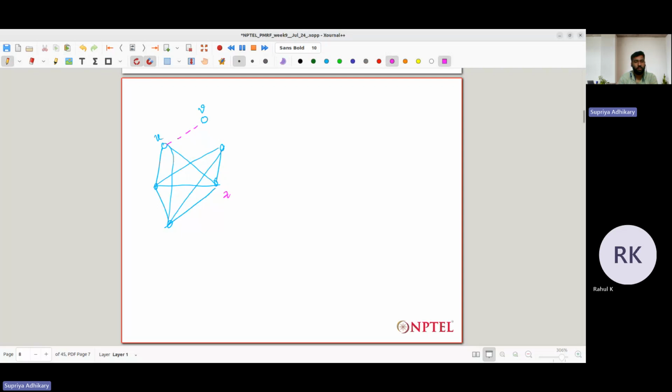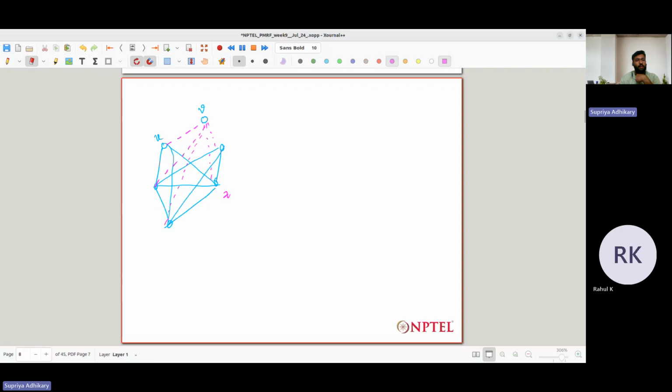So you have to delete all these edges. This is the way that we can delete the minimum number of edges to make this graph disconnected.